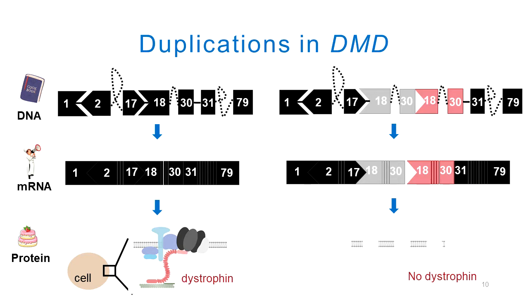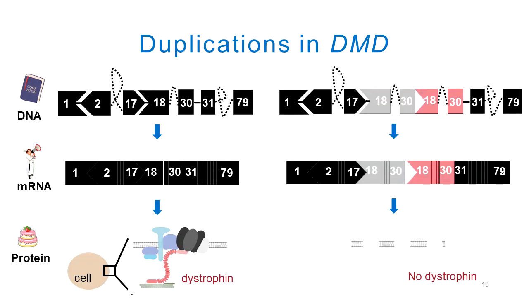Here, on the mRNA level, we have a straight line. Everything fits perfectly, it's going to be functional. Here, exon 30 and exon 18 don't fit together. It's not going to function. In the first case, we are going to build a cake, a normal dystrophin protein, and in this case, it's going to be no dystrophin.